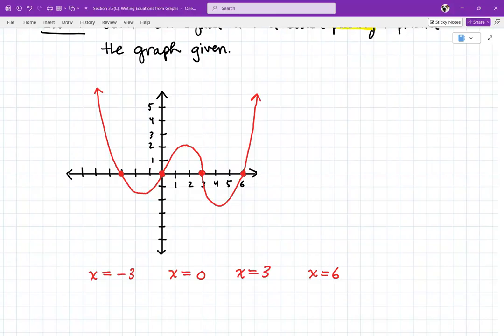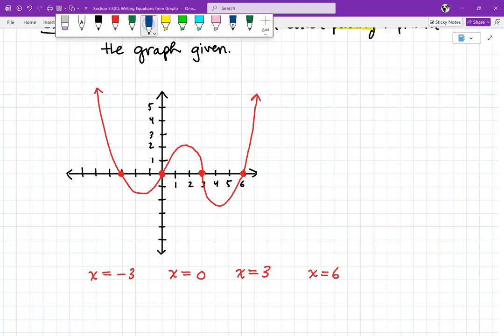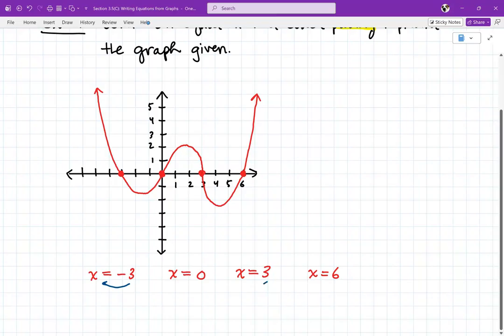So what I'm going to do, I've got to create the factors. The way you create the factors that we're going to multiply together is by moving things to the left. So I'm going to move these to the left, okay? Now, you're going to notice I didn't do it to the 0 because if I move the 0 to the left, it doesn't do anything, okay?